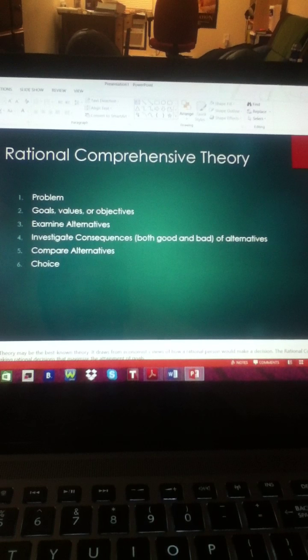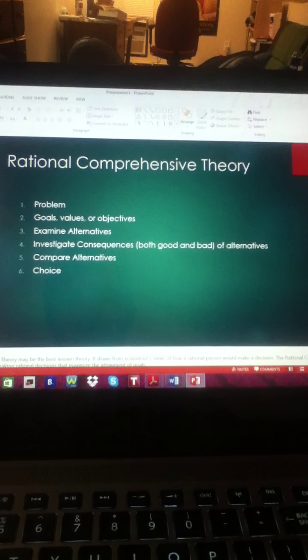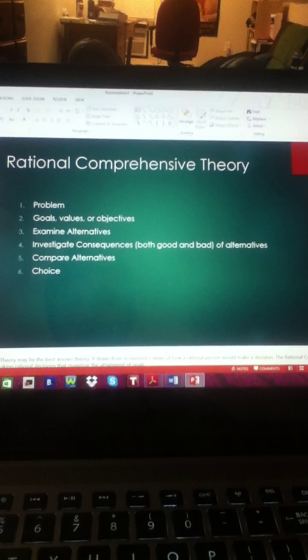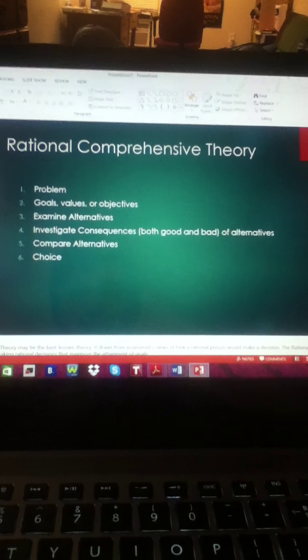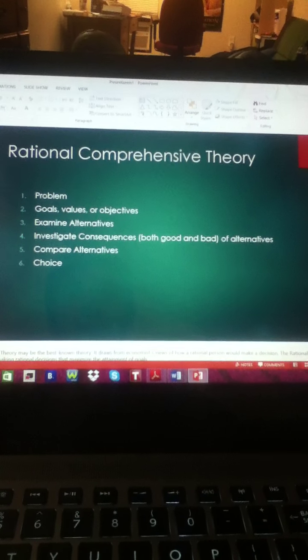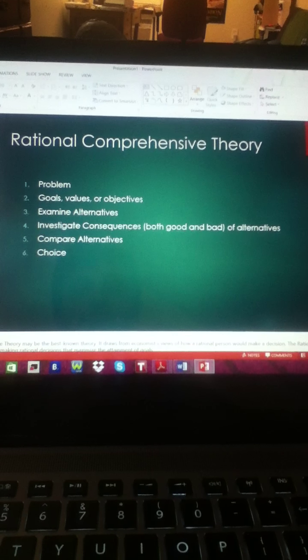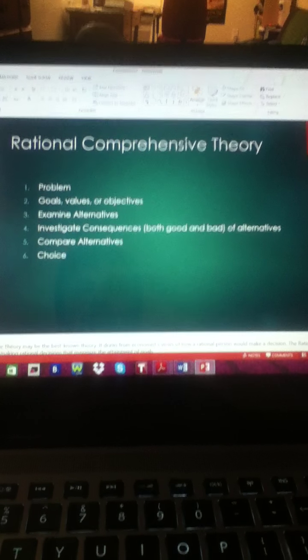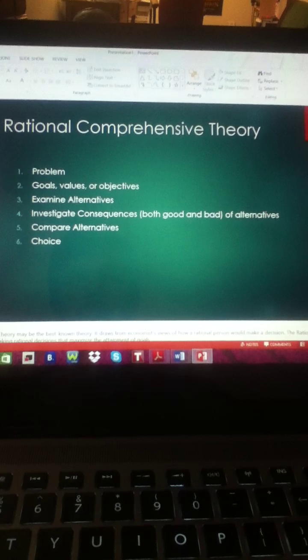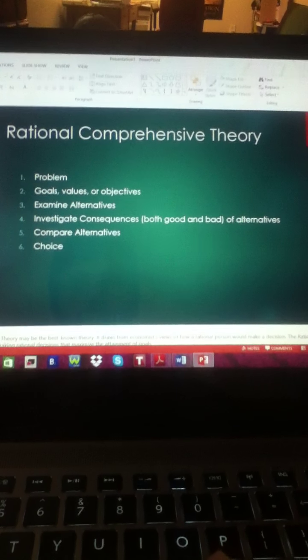The rational comprehensive theory may be the best known theory. This theory specifies the procedures involved in making rational decisions that maximize the attainment of goals. Six steps illustrate the rational comprehensive theory. They are: the government faces a problem.